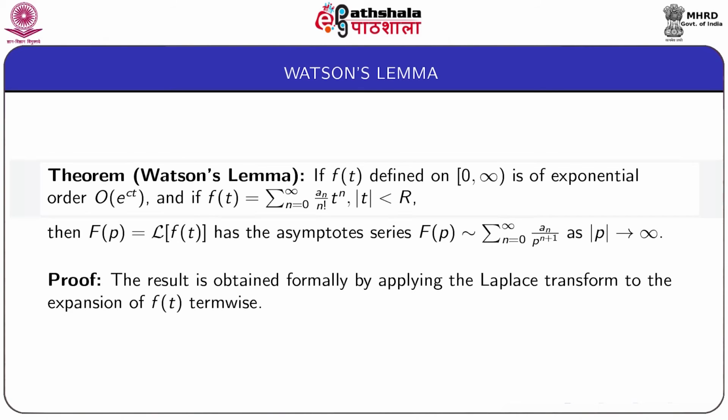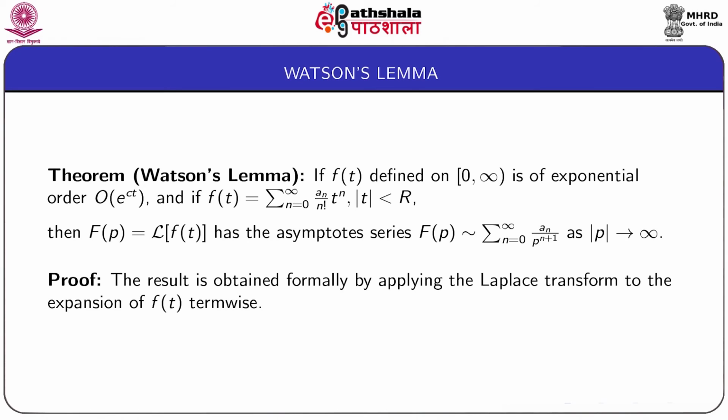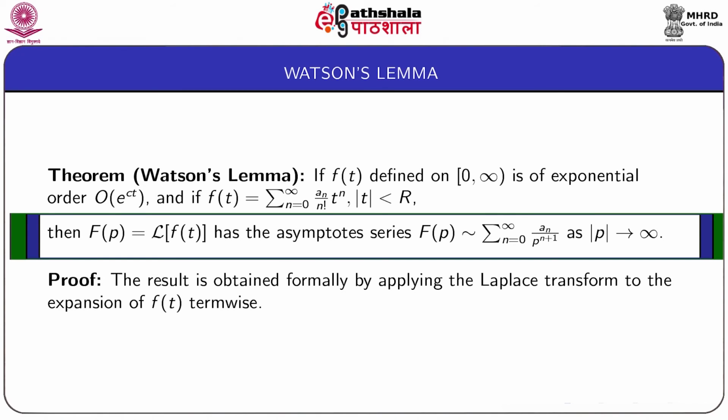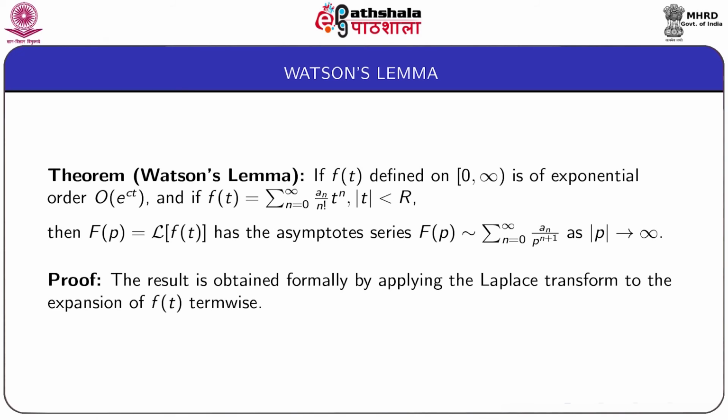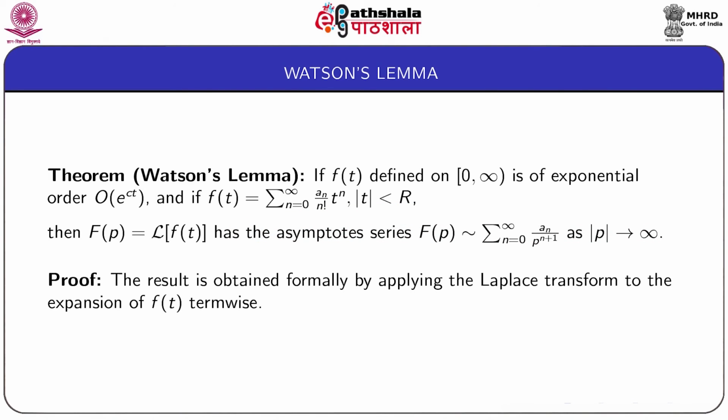This states that if small f(t) defined in the interval 0 to infinity is of exponential order, that is f(t) is of order e to the power ct, and if f(t) is equal to summation n equal to 0 to infinity of a_n by n factorial into t to the power n, mod t less than capital R, then capital F(p), the Laplace transform of small f(t), has the asymptotic series given by summation n equal to 0 to infinity of a_n by p to the power n plus 1 as mod p tends to infinity.